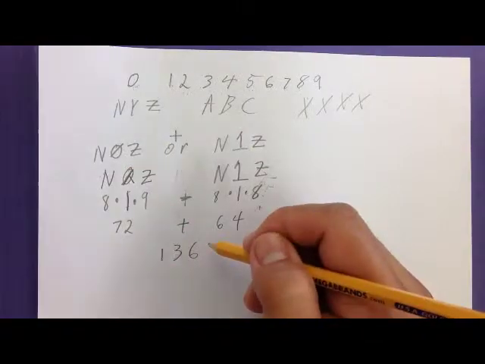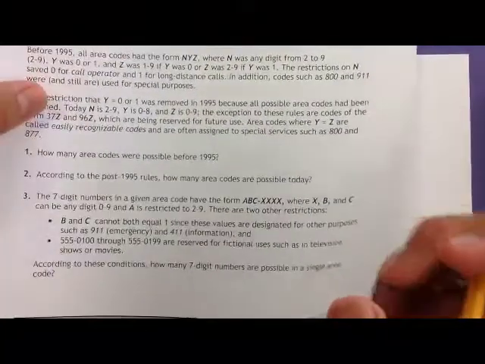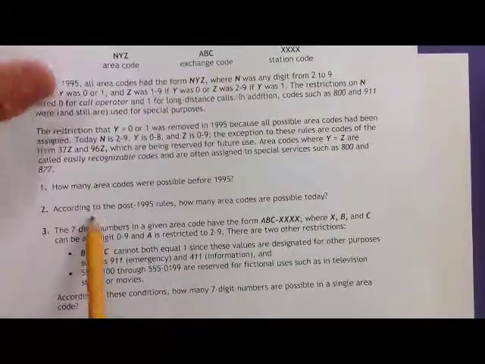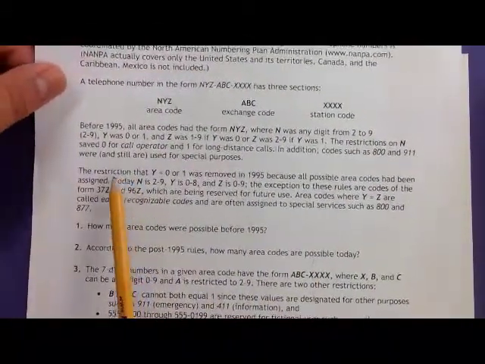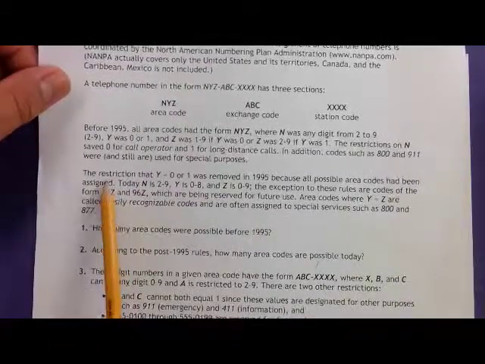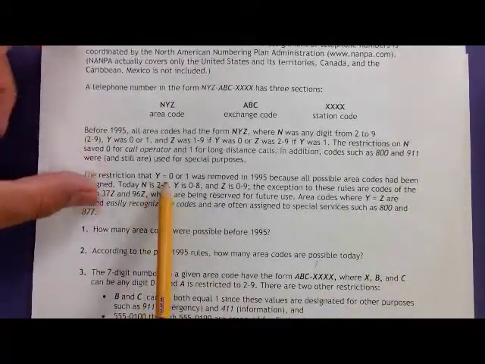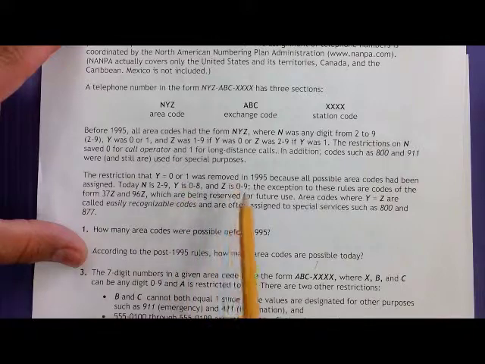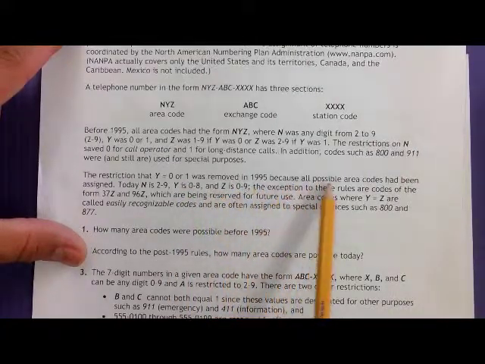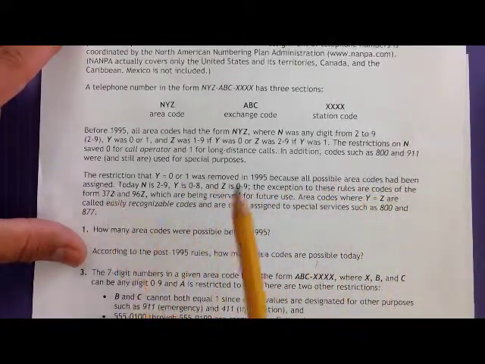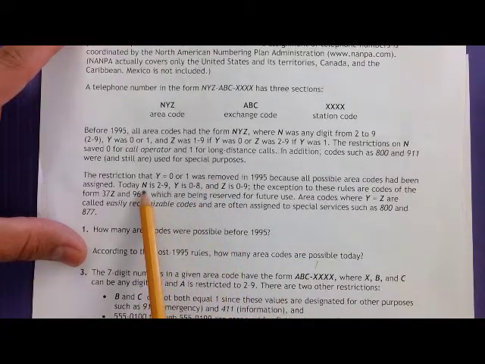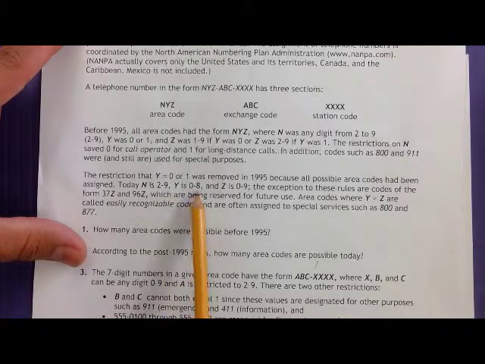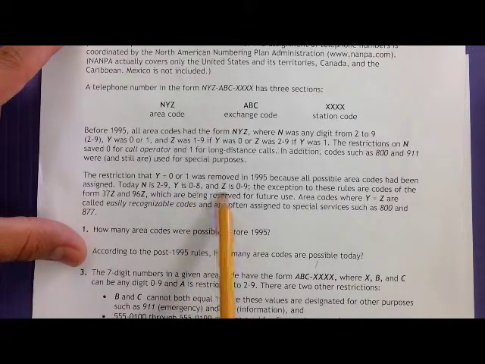Now, post-1995, they changed things. According to the post-1995 rules, how many area codes were possible? The restriction that Y is 1 or 0 was removed in 1995 because all the possible area codes had been assigned, so we ran out of numbers. Today, N is 2 through 9, Y is 0 through 8, and Z is 0 through 9.